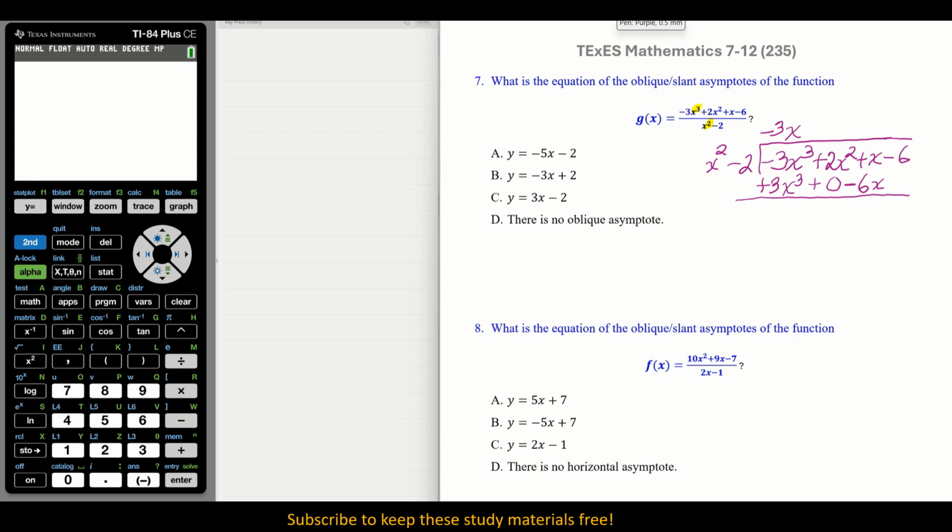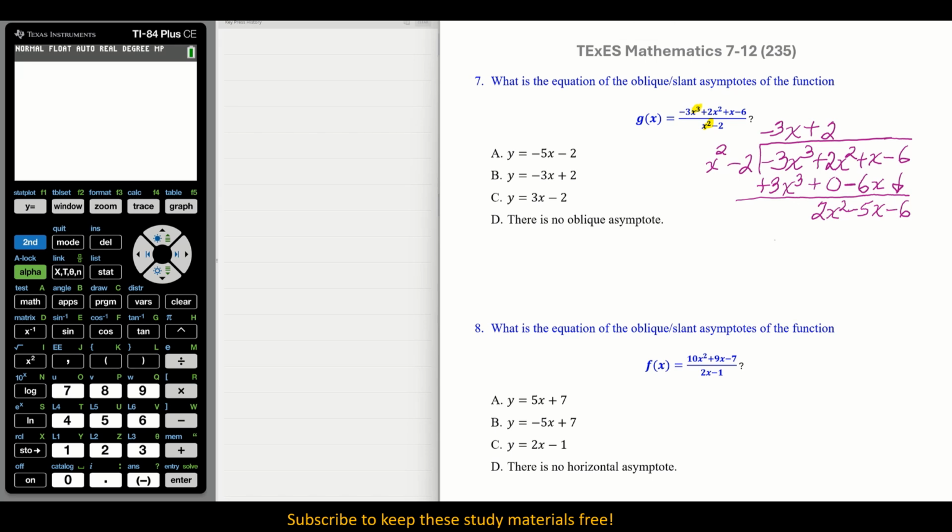So what does this do for us? Well, the first terms become 0. The next term, we just bring it down to 2x squared. Now, plus 1x minus 6x is minus 5x. And we bring down the minus 6. Okay, then we need to say, what do we need to do to get 2x squared? Well, we need a plus 2.